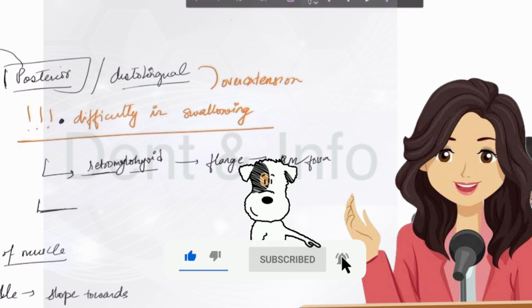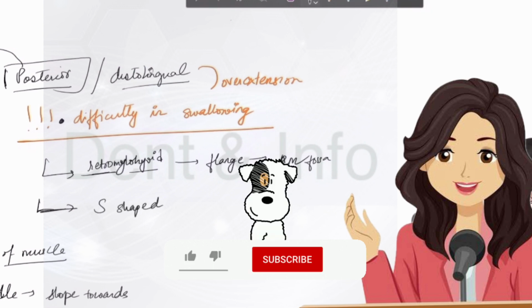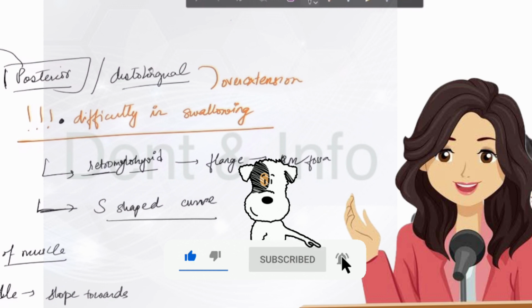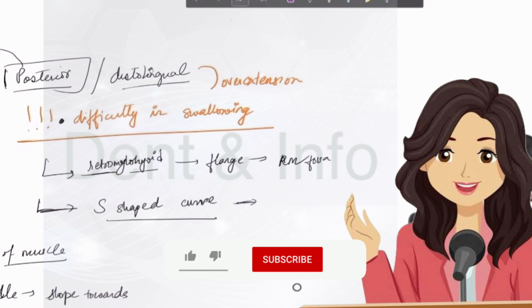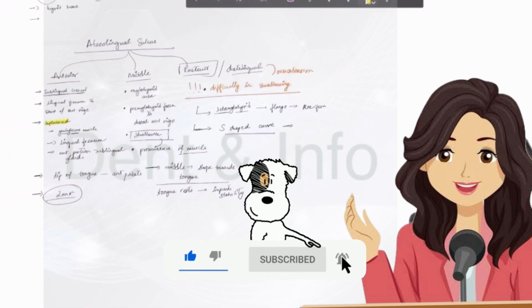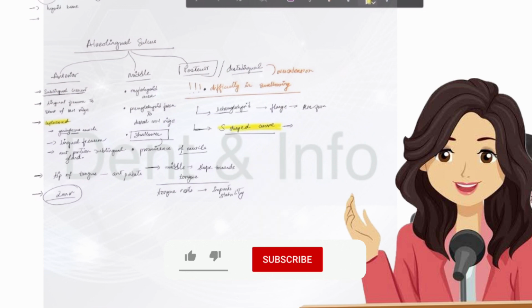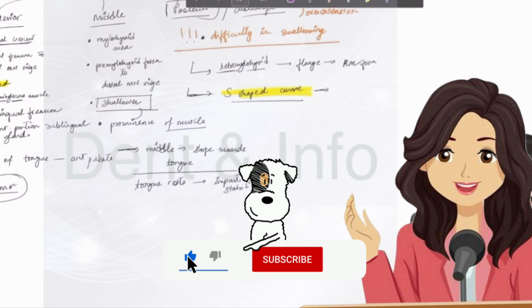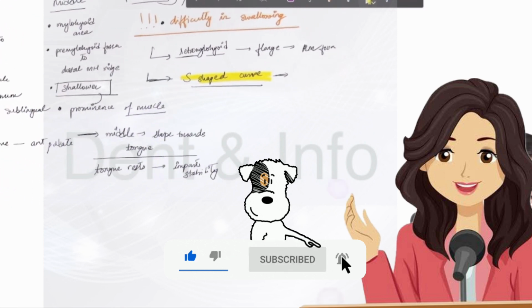You see a specific S-shaped curve that is formed because of the intrinsic and the extrinsic muscles of your tongue. So a very specific S-shaped curve of your impression is formed because of the anatomy of the different parts of your alveolingual sulcus.